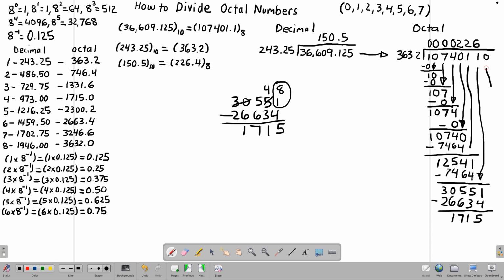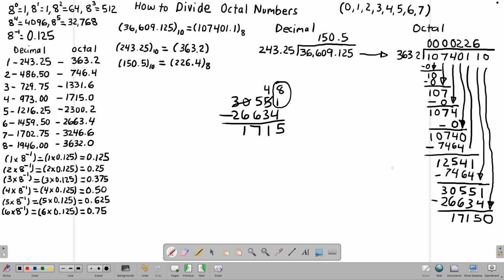And then our final step is to bring down the 0. All right, so we begin the process again. So we ask the question, how many times does 3632 divide into 17,150 in octal?